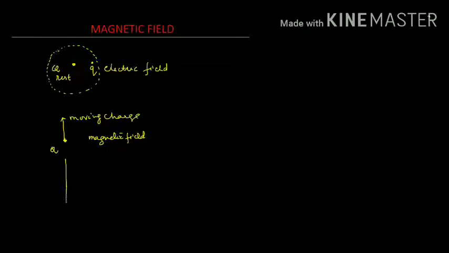Similarly, a metallic wire carrying current I also produces a magnetic field surrounding it. Thus, a moving charge or electric current produces a magnetic field.